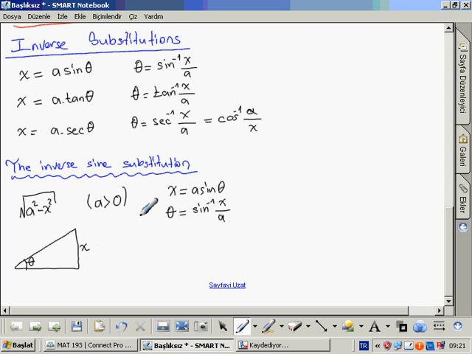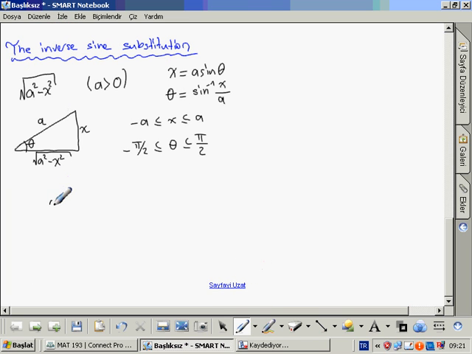The opposite side is x, the hypotenuse is a, and the adjacent side is the square root of a square minus x square. And x is larger than or equal to minus a and less than or equal to plus a, so we can say theta is larger than or equal to minus pi over 2 and less than or equal to plus pi over 2.